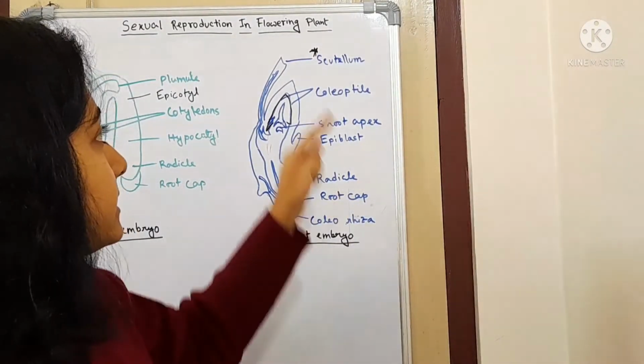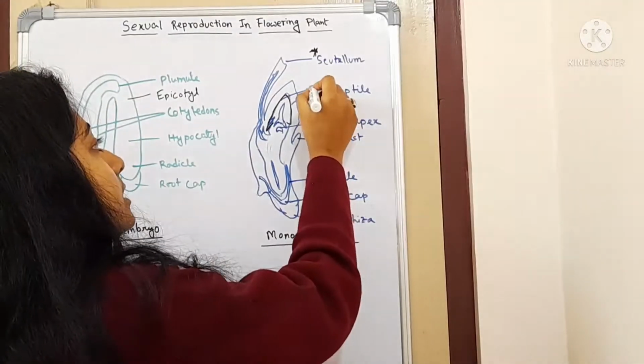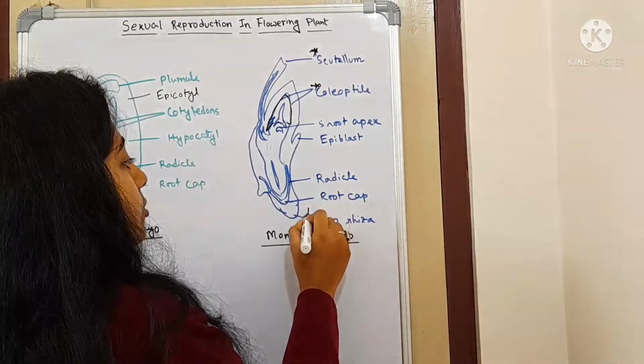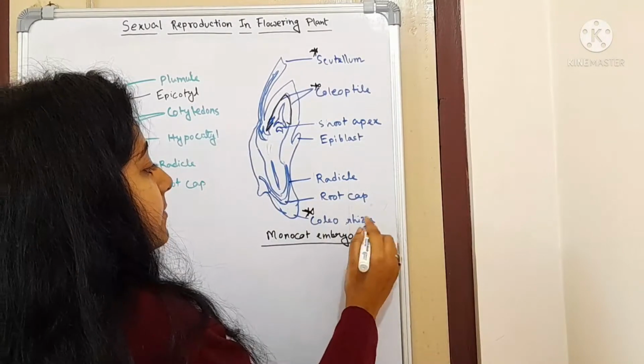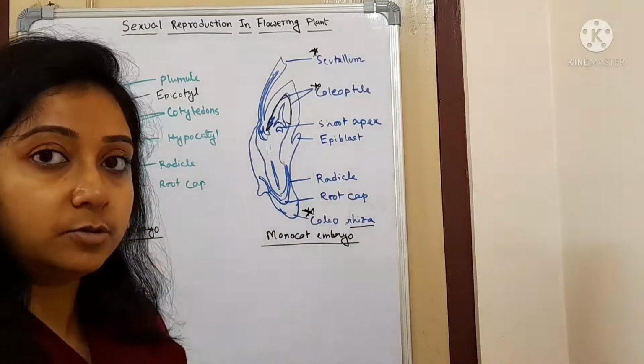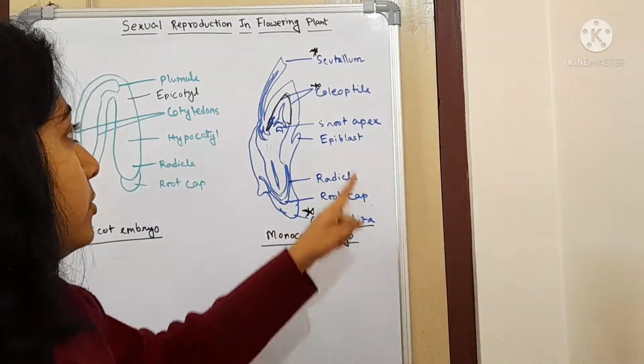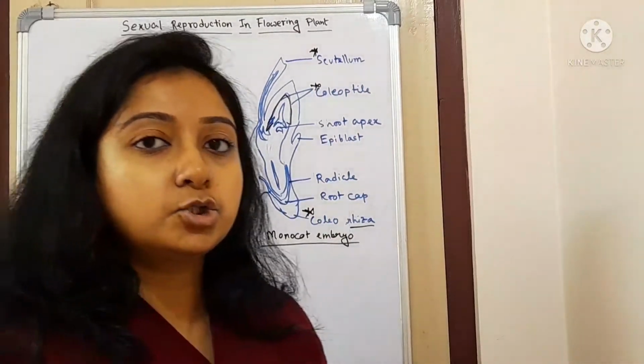So what are the extra features? Scutellum is extra, coleoptile is extra, coleorhiza is extra. Coleorhiza means the root covering, and coleoptile means the shoot covering.